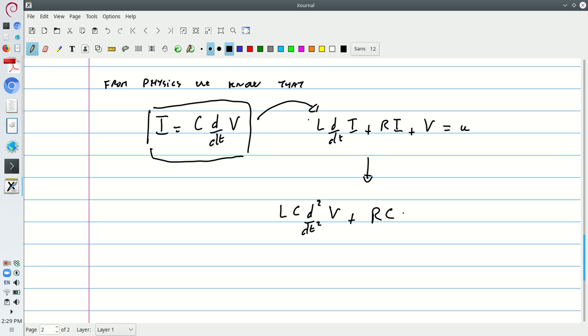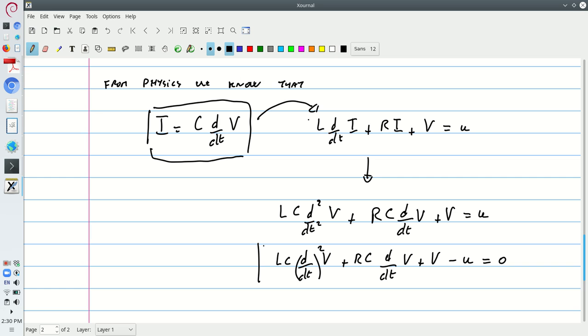We have RC times the derivative with respect to time of V plus V equal to U. We write this better: LC, second time derivative of V, plus RC, time derivative of V, plus V minus U equal to 0.